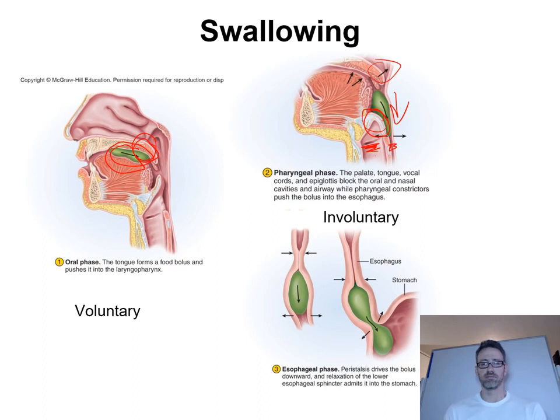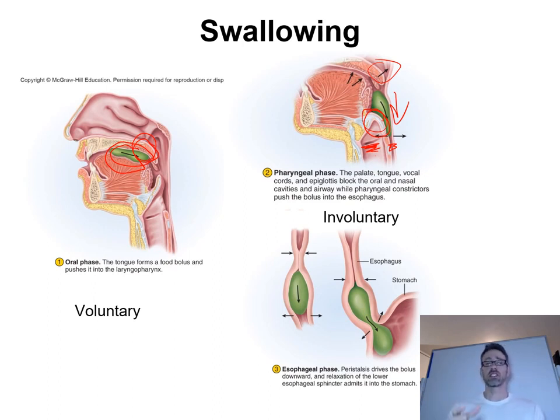And I put involuntary there because these are all really reflexive actions. Despite the fact that it's striated muscle, this is an involuntary process. Then the bolus enters through the upper esophageal sphincter. The upper esophageal sphincter has to relax at this time to allow the bolus in, because it's normally tonically constricted.